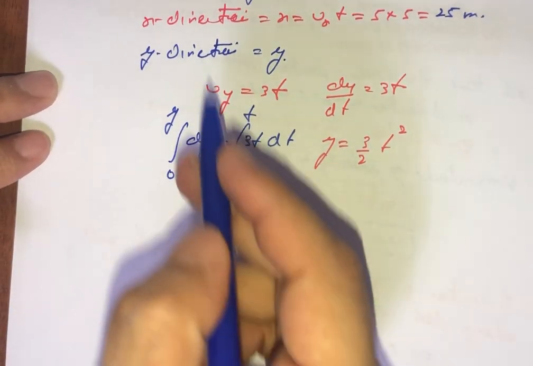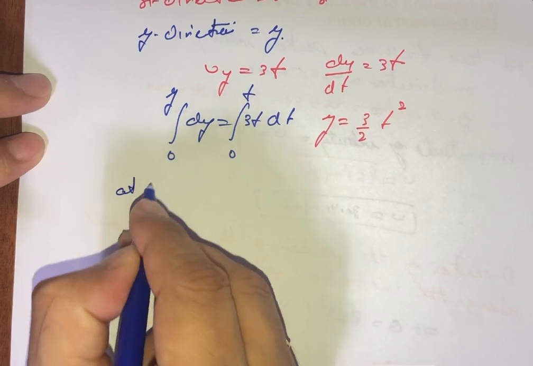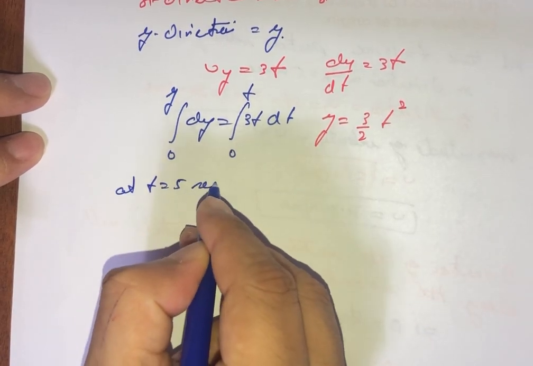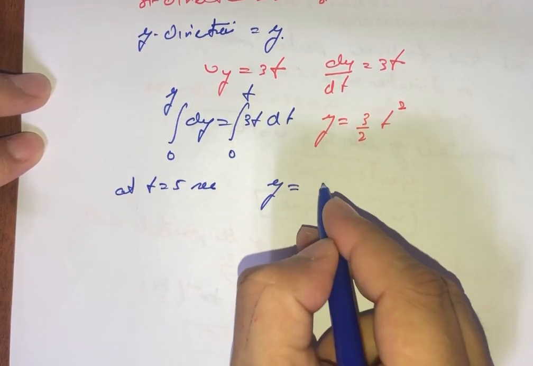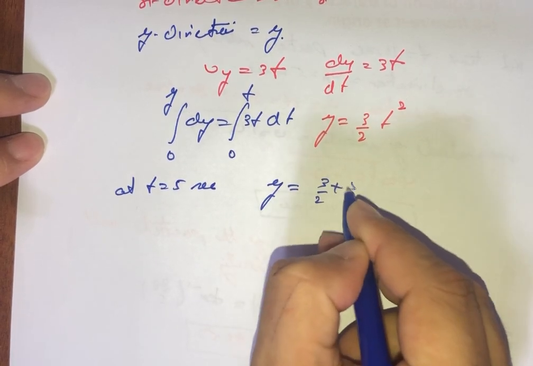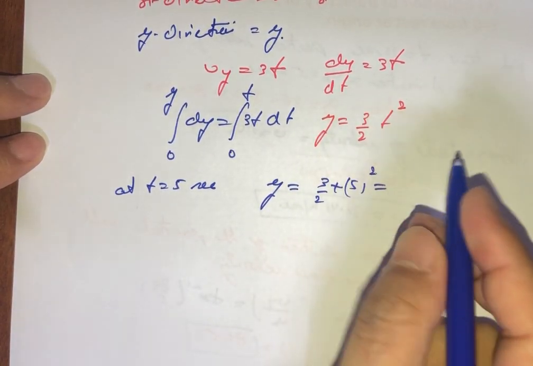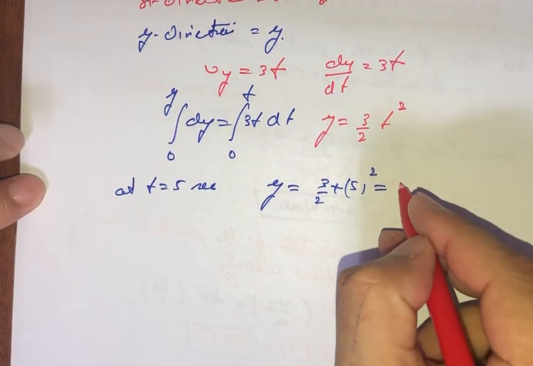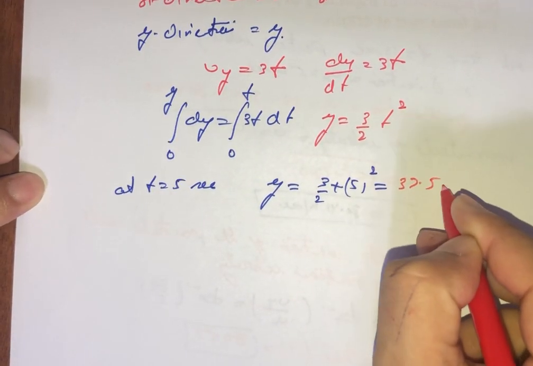At t equal to 5 seconds, y will be equal to 3 by 2 into 5 square, which comes to approximately 37.5 meters.